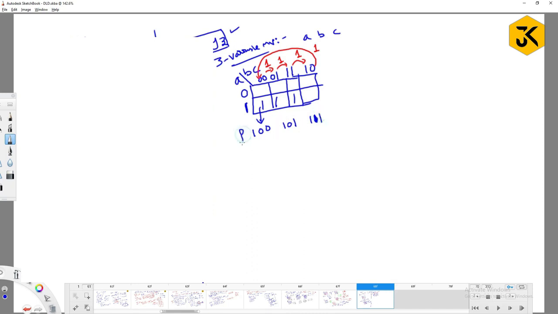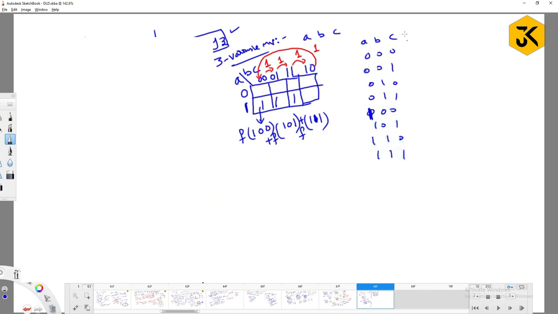I can directly write f of 1, 0, 0 or f of 1, 0, 1 or f of triple 1, right? Meaning that if I have an expression with A, B, C as inputs, 0, 0, 0, 0, 0, 1, 0, 1, 0, 0, 1, 1, 1, 0, 0, 1, 0, 1, 1, 1, 0, triple 1. What are the outputs?